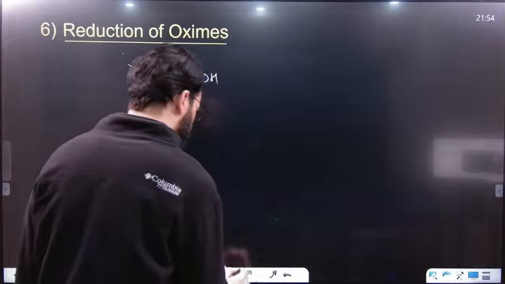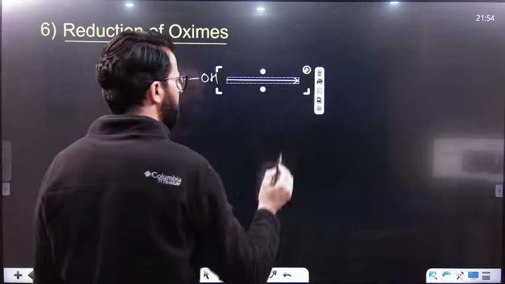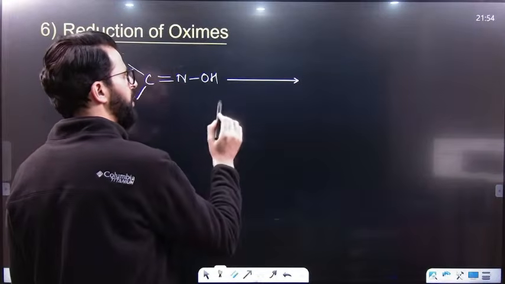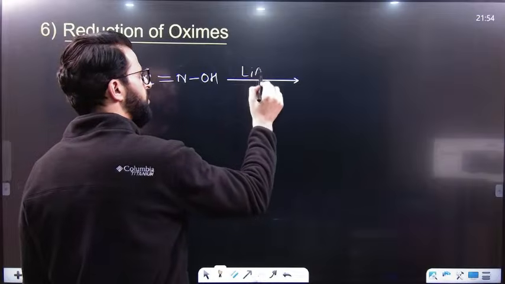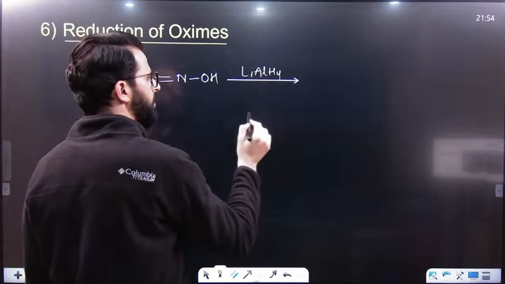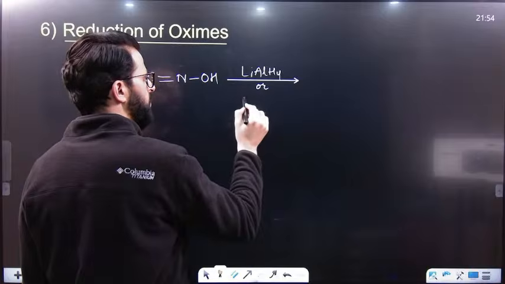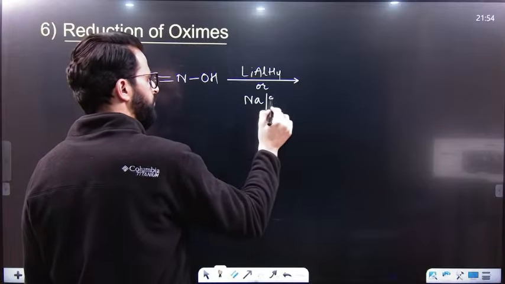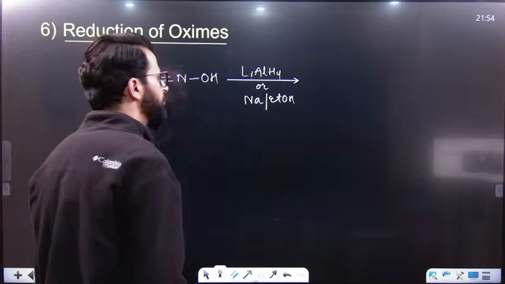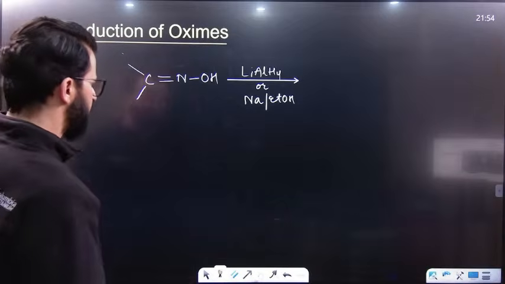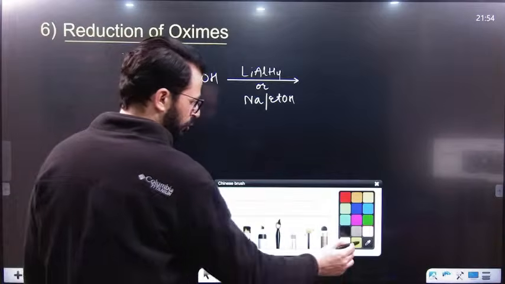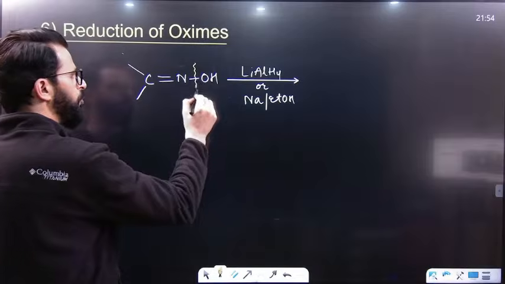Now, whether it is an oxime of aldehyde or an oxime of ketone, we have to treat it with lithium aluminium hydride, or we have to treat it with sodium in alcohol. These reducing agents will convert it. How do they convert this into amine? Have a look. First of all, this bond will be broken.